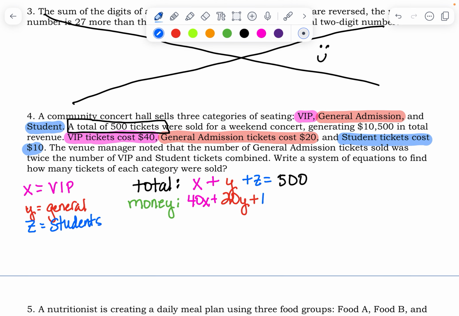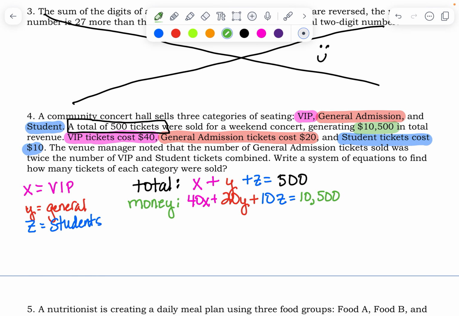So 10Z. And that total amount that they generated from this was that 10,500. Now, if you have 3 variables, you're going to have 3 equations.